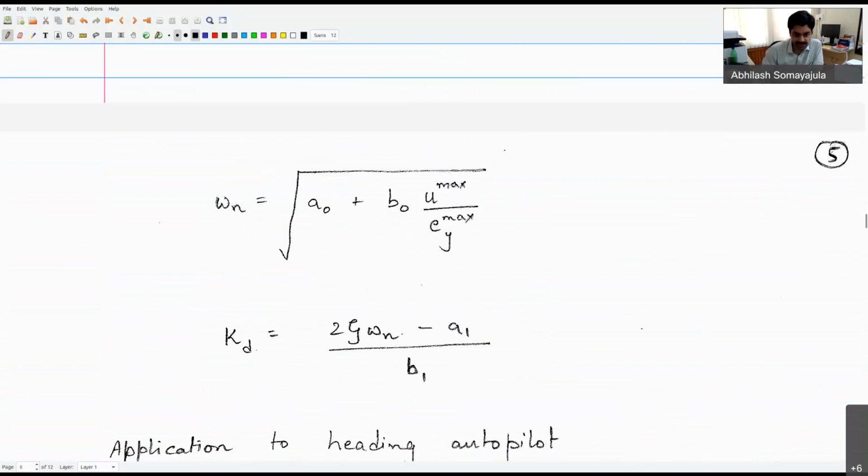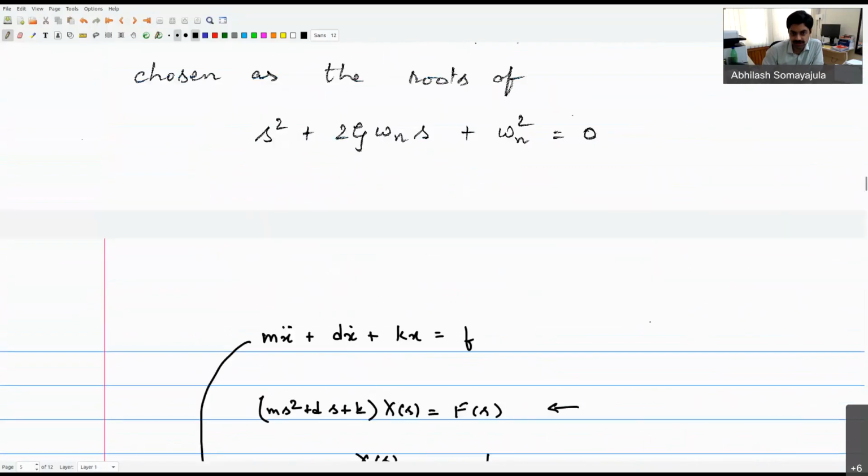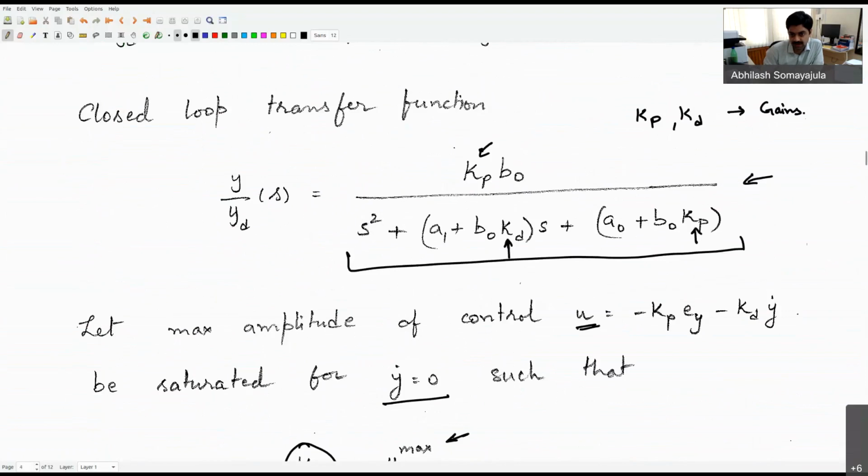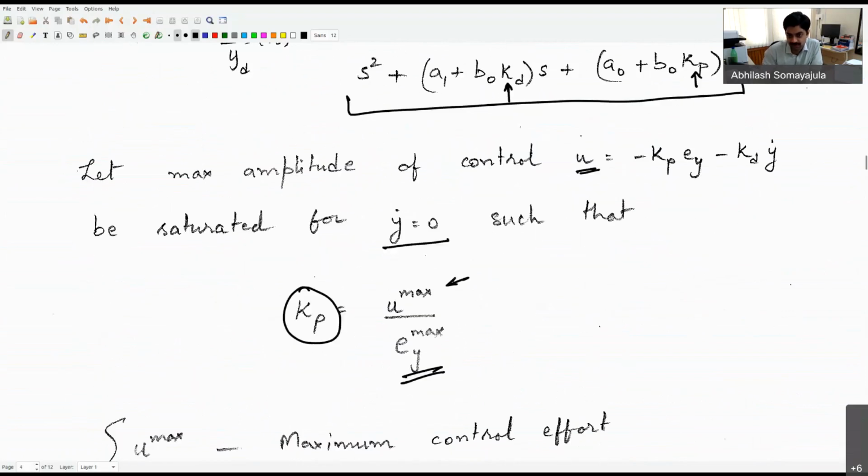So it is easy to see, if we do the comparison between this system and what we saw before in the spring mass damper system, that A1 plus B0 times Kd must be equal to 2 zeta omega n, and A0 plus B0 times Kp must be equal to omega n square.